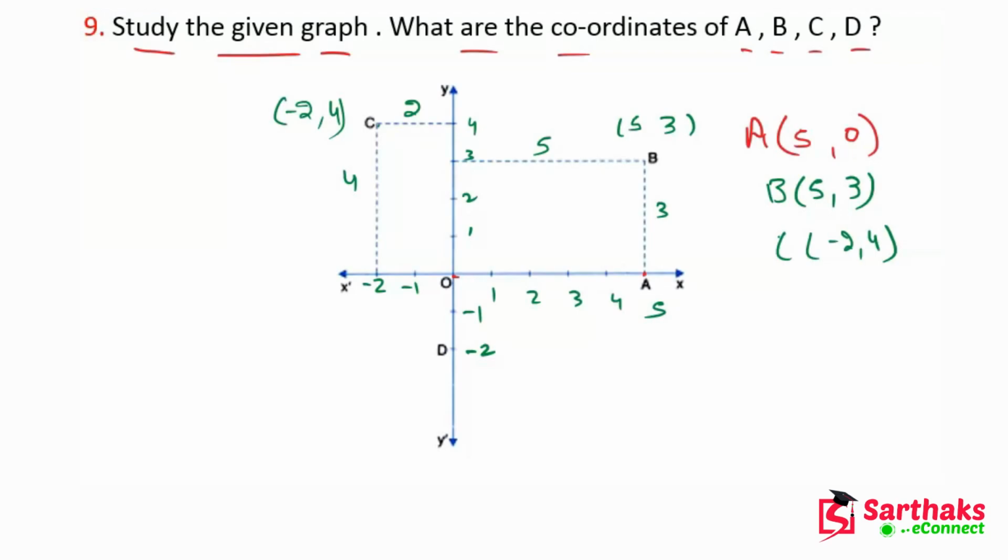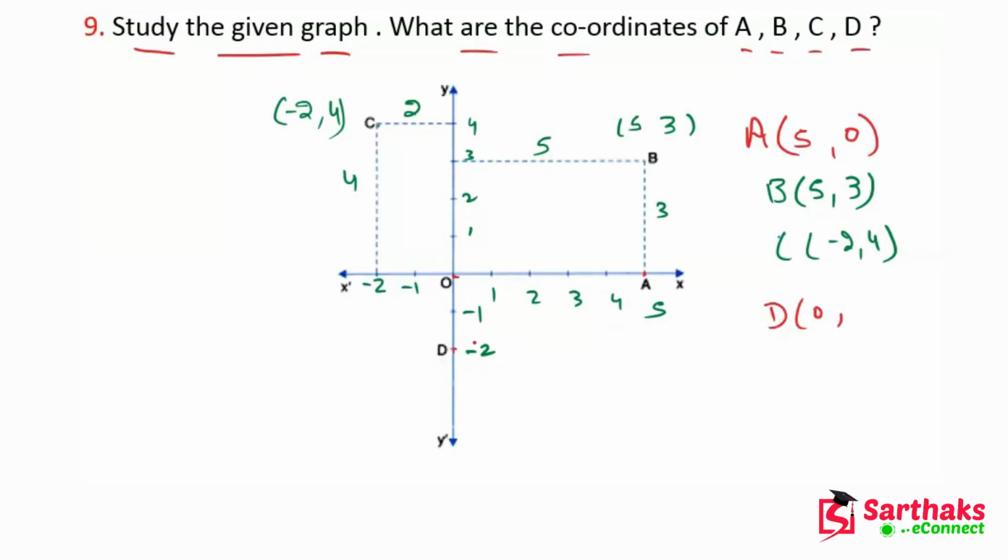Now we have to find the coordinates of D. If you observe this point D, it lies on the y-axis, so the x coordinate is 0.